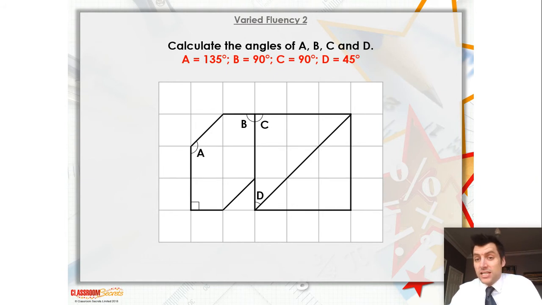Therefore, half of 90 is 45. I know that the obtuse angle, which is indicated by A, is the right angle with the extra half of a right angle, so it's going to be 90 plus 45 degrees, and therefore that's going to be 135 degrees. Lots of you will have worked that through anyway, but just to tell you how I managed to solve it.